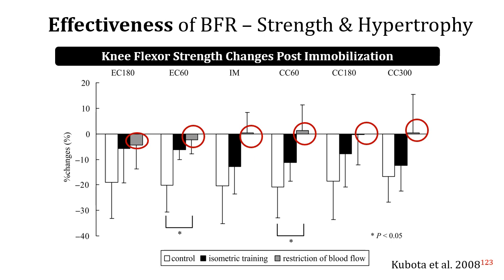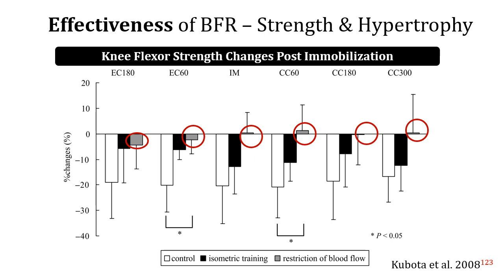Obviously, what we can discern from this versus the knee extensor strength deficits is that there is a dramatic increase in the muscle loss and strength loss in the anti-gravity muscles than there is in the knee flexors. And we see this post-operatively in lower extremity injury as well as in the immobilized individual.